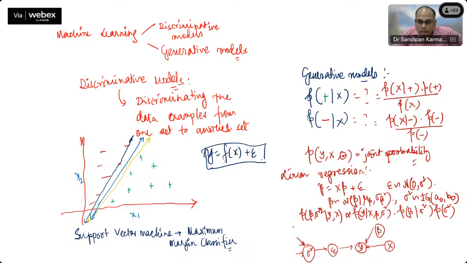So this is a kind of hierarchical model. Beta is getting influenced by a normal distribution with two parameters, mu beta and sigma beta square. Here it is the hierarchy.